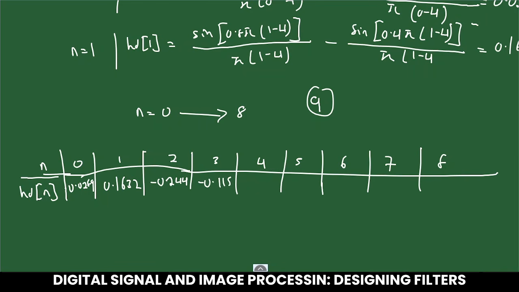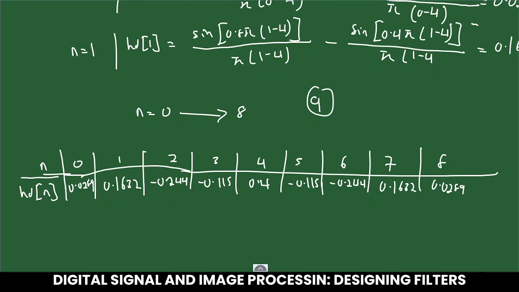The value was given already, so 0.4, minus 0.115, minus 0.244, 0.1632. I'm sure the last one will be 0. I've not put this, kindly confirm it and write in the comment section. I didn't do it for the 8, but I'm sure it will be 0.0289.